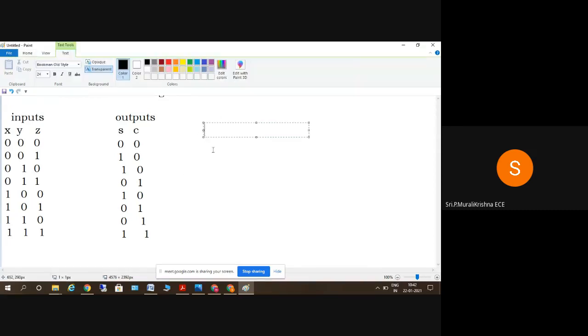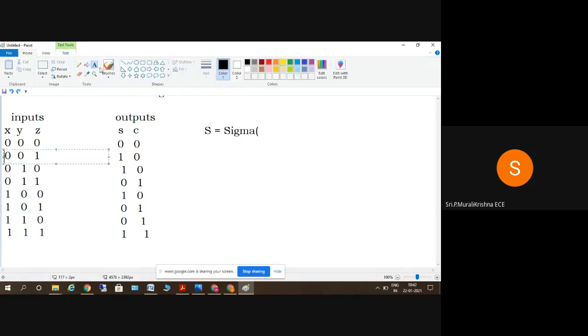Okay. So what I can write with this full adder here is, so I'll not write the equations. So sum is equal to sigma, the sigma symbol. So sigma of, what are the minterms for sum here? You can check here.